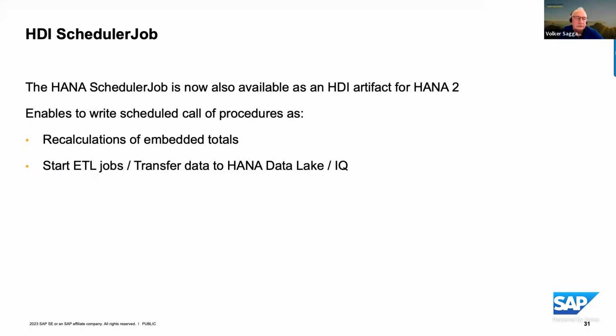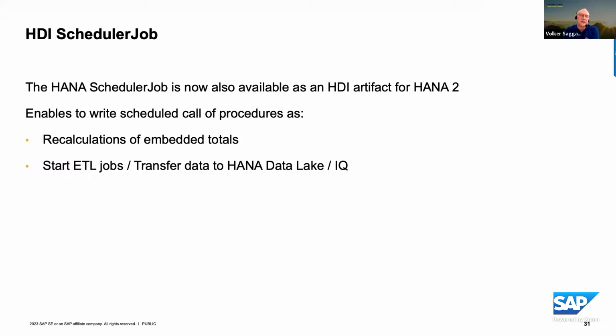And Jan showed a very nice sample where you have snapshots inside a calculation view. You might have ETL jobs inside HDI. And if you see HDI as a self-containing environment, you can use these things, and it would be much more cumbersome to control things from outside.